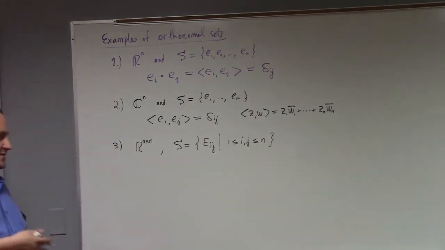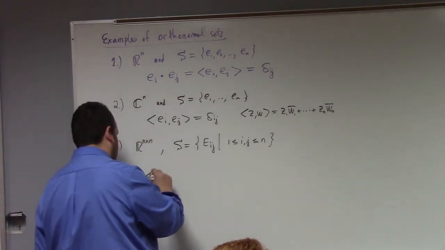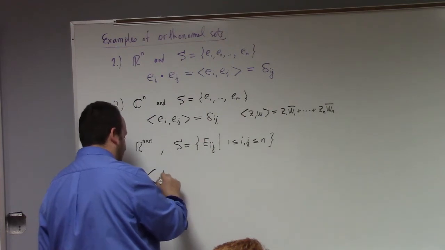In other words, this is the usual unit matrix basis, and we could give it the lexicographic ordering, like we usually do. So it's a basis, an ordered set. Well, this is orthonormal with respect to the usual Frobenius inner product. Let's work that out.